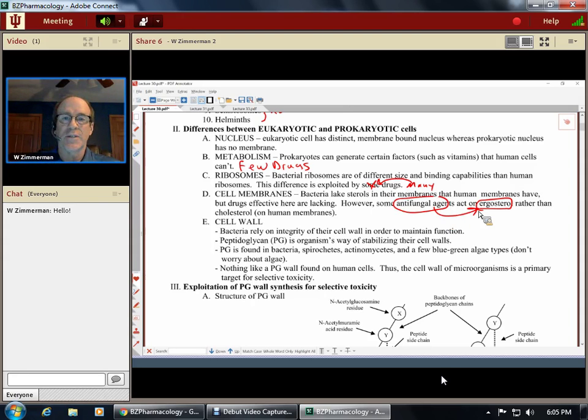So when we get down to the next one, the cell wall, of course, that's the big one. Bacteria rely on the cell wall to maintain their function, stabilizing it. They use the peptidoglycan to stabilize that cell wall. Well, the peptidoglycan is found in bacteria, spirochetes, actinomyces, even some algae that we don't care about. To start off, though, what microorganism doesn't have a cell wall?